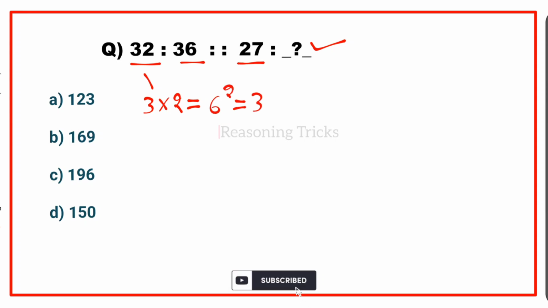In this way, 27, 2 into 7 equal to 14. Then square of 14 is 196.